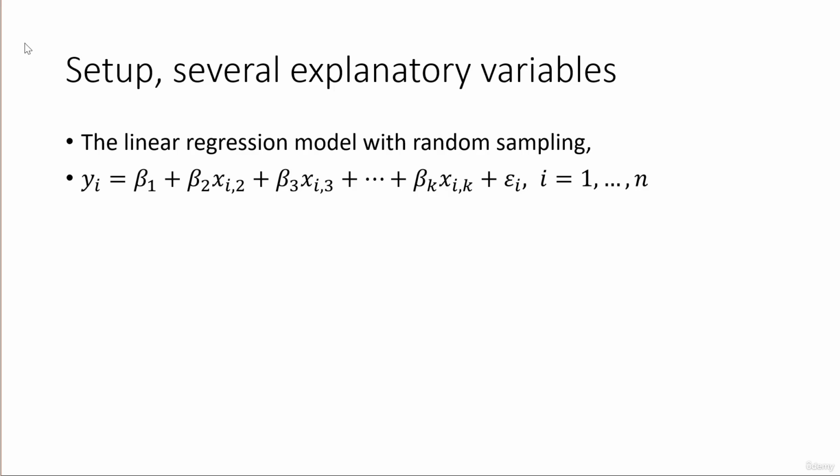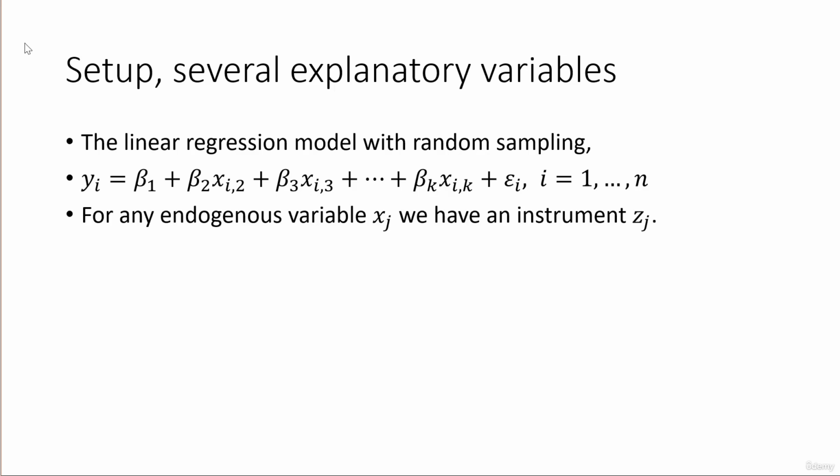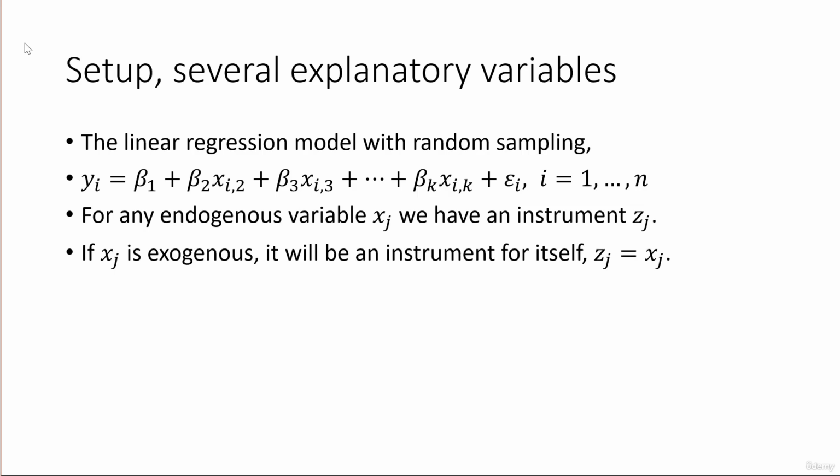Also, we assume that for each and every one of the endogenous variables, we have an instrument. So if xj happens to be endogenous, then we have an instrument for that variable denoted by zj. For those explanatory variables that are not endogenous, that is for the exogenous ones, the variable can function as an instrument for itself.